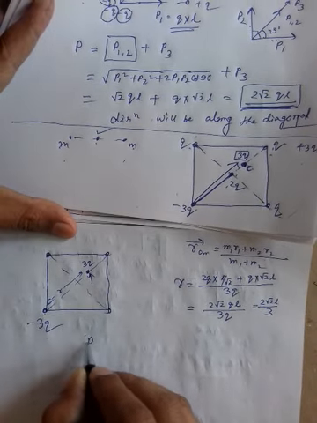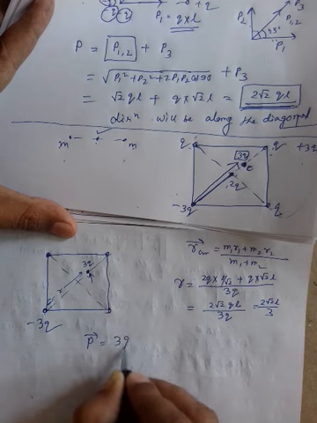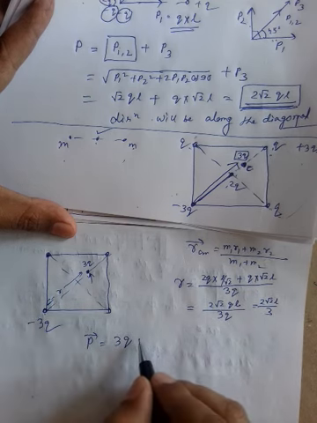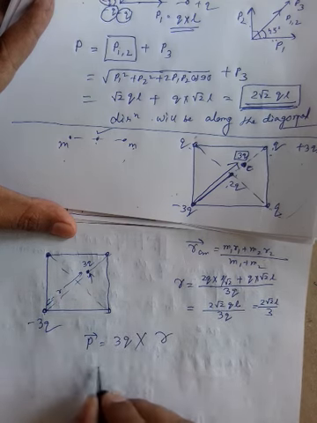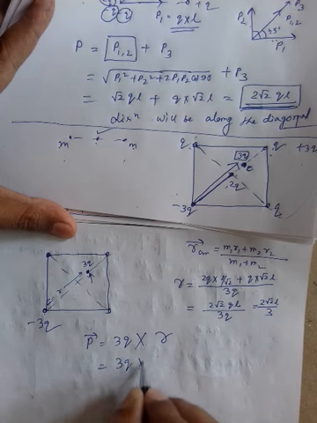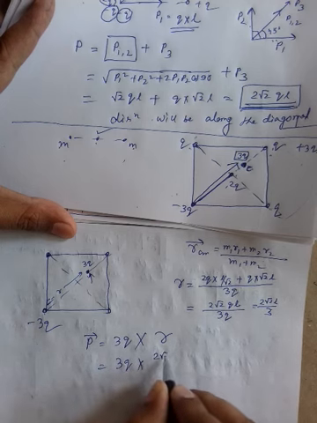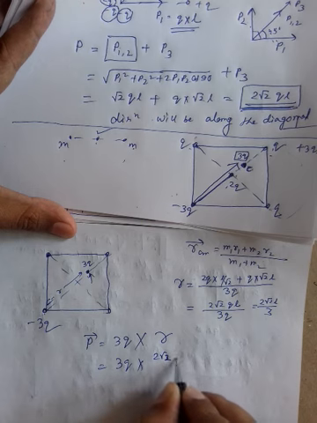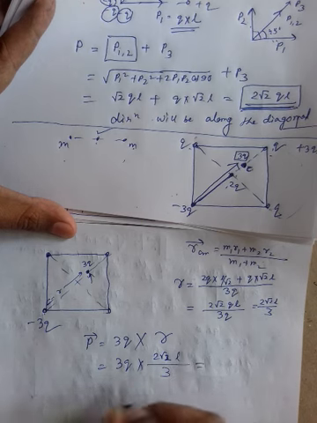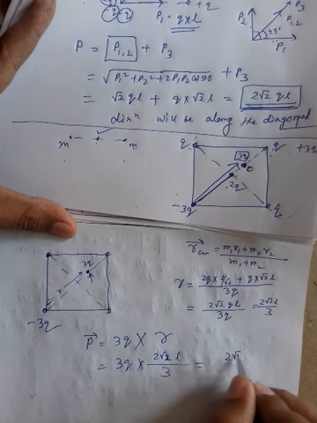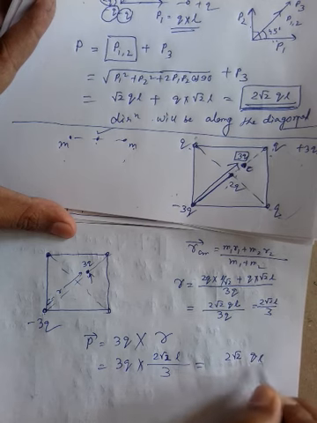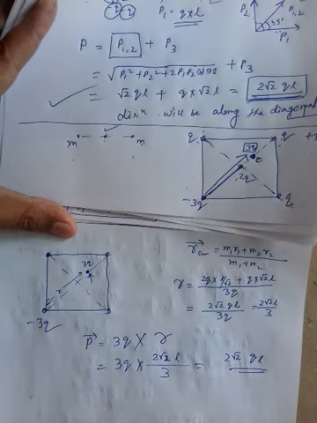Okay. So the dipole moment is either charge, meaning either this minus 3q or this plus 3q, into R. What is that? 3q as it is, R just calculated as 2 root 2 l by 3. The 3 cancels, it is 2 root 2 q l. That was the answer which was previously calculated.